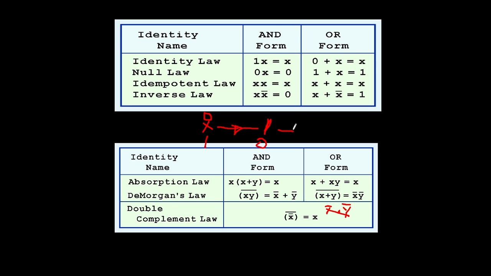Now I invert it again. You can put a circle here. This is going to give me 1, it's going to give me a 0, and 0 is going to give me a 1. So a double inverter will give us the same value actually. X double complement, or double invert, equals X.